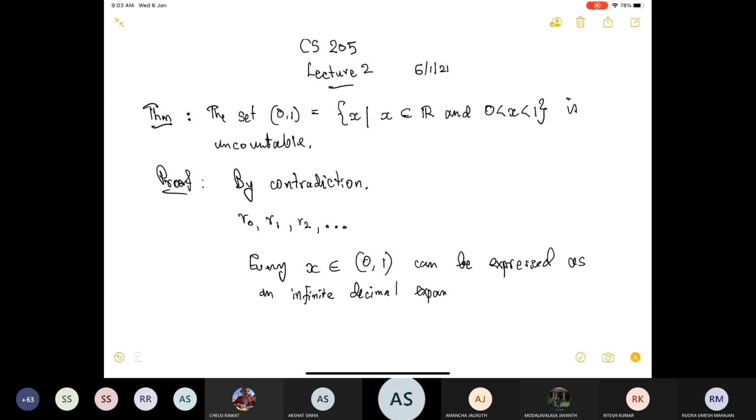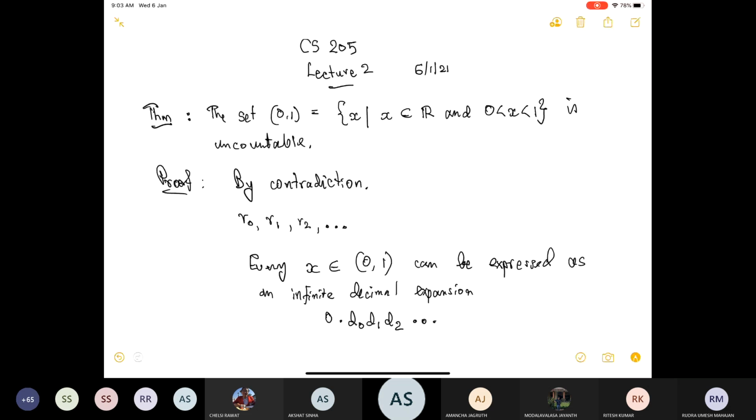Okay. So all these numbers are of this form. You have the digit following the decimal point, you have the digit D0, then D1, D2, and so on. And this is an infinite sequence, right?